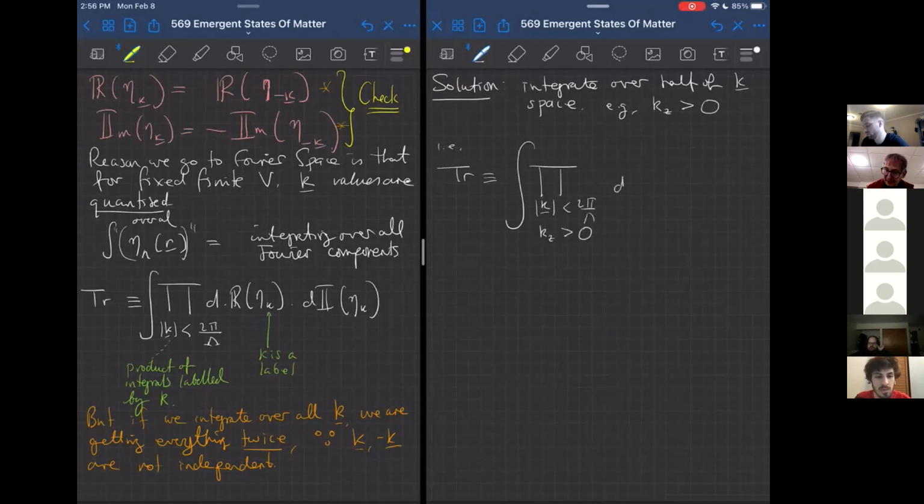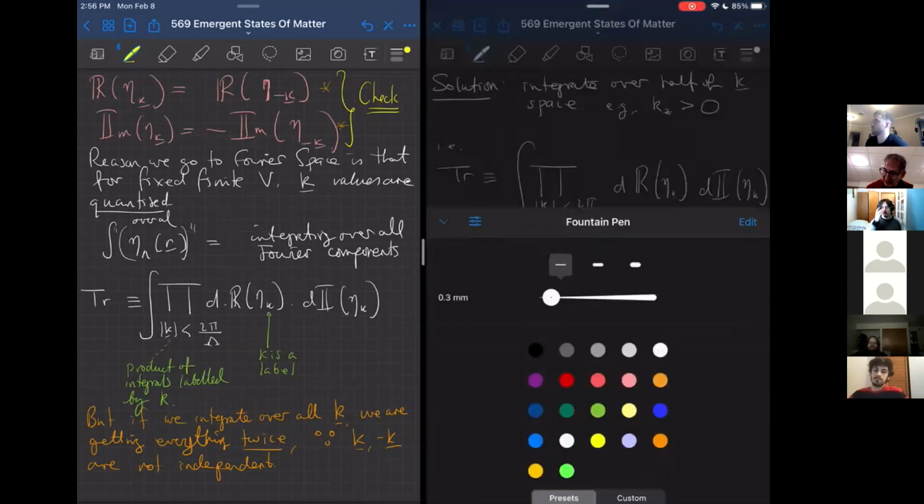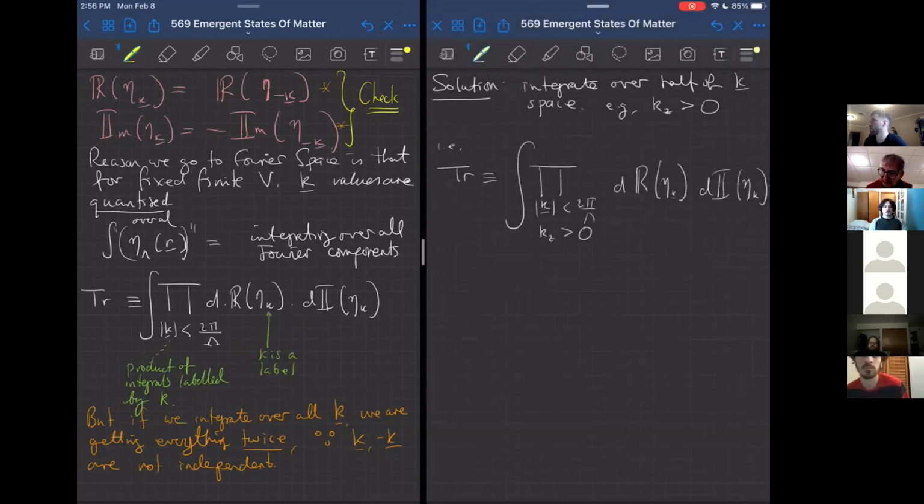And then the variables that we integrate are the real eta of k and the imaginary eta of k. So the variables of integration are these Fourier components.